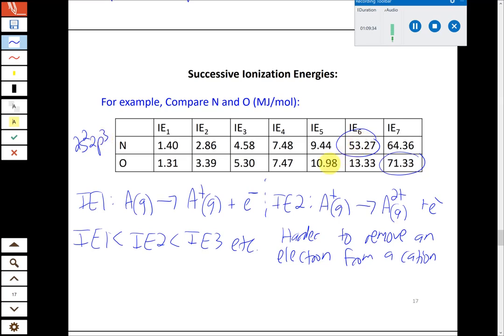So basically you're going to see the same for oxygen, with a 2s2, 2p4 valence configuration. 6 valence electrons, so the first 6 ionization energies are going to gradually increase, and then to do a 7th ionization, removing a core electron, we see that it goes up by a huge amount because now we have to start removing core electrons. So you're always going to see these huge jumps in ionization energy when you get to the core electrons.